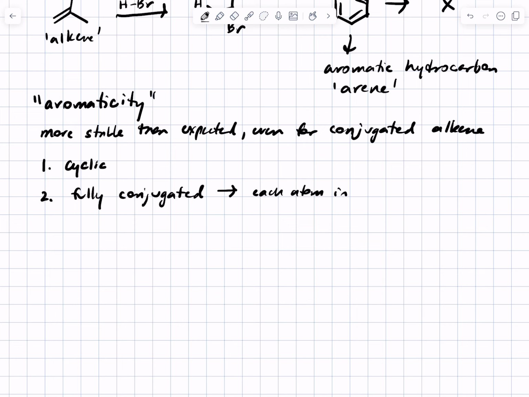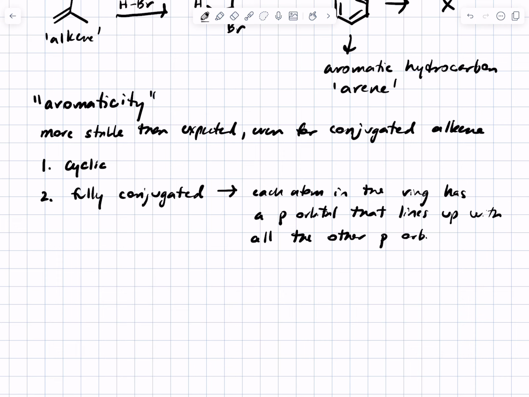Each atom in the ring has a p orbital that lines up with all the other p orbitals in the ring.